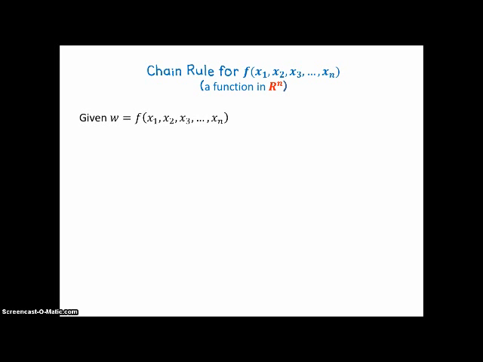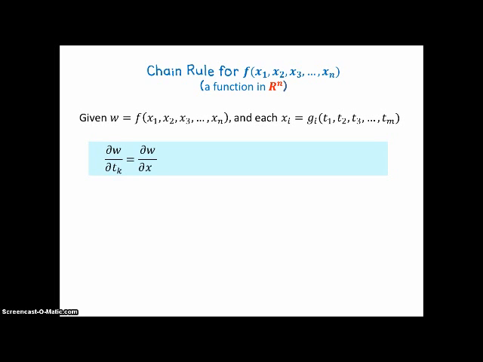Given w equal a function of n variables, and each of those n variables is a function of m variables, notice that the individual inner functions can also be multivariable, and that the 2 sizes of these spaces do not have to match.